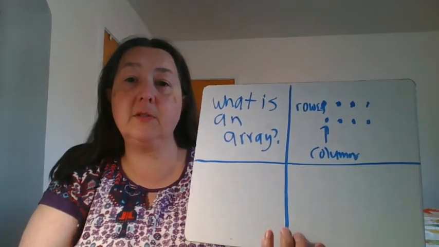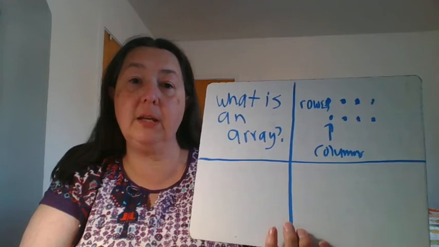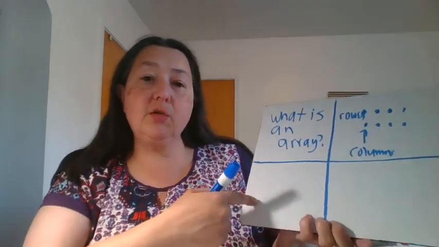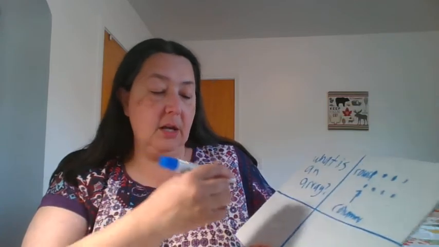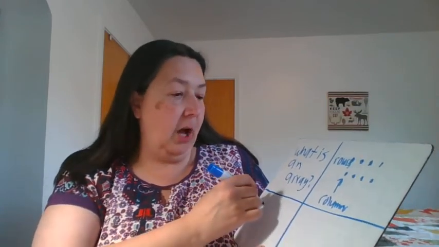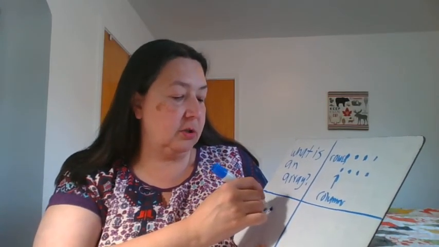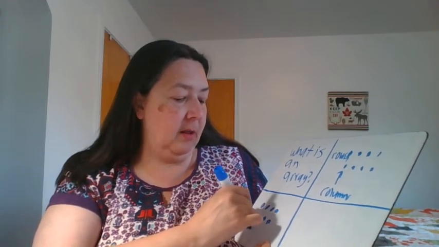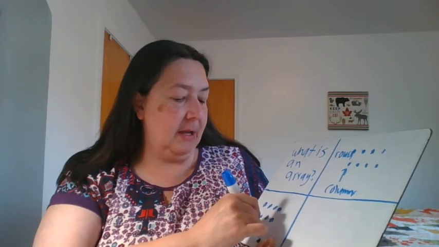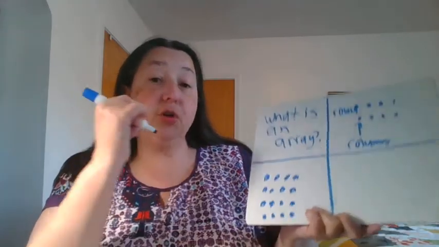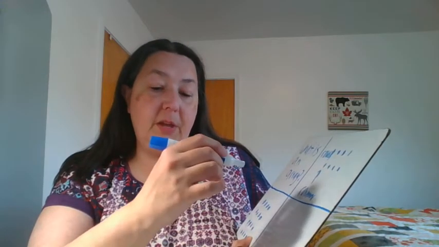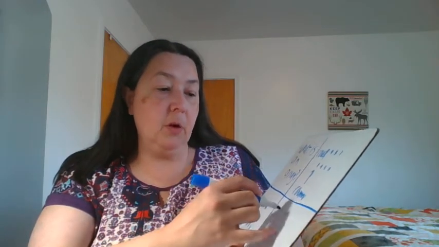If I'm going too fast, of course, pause the video so you can keep up. So that would be a good example. And then down here, let's draw some more examples of arrays. You can do some dots like I did, or some circles. And then write a little math problem to match, to show how you can figure that out. Another example that's not an array would be this.